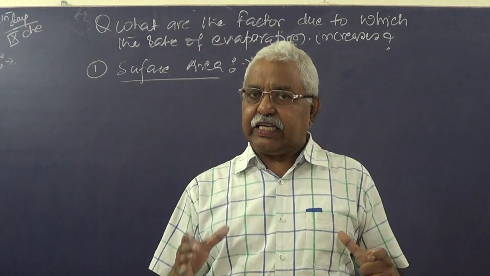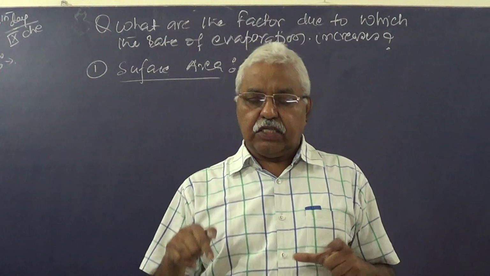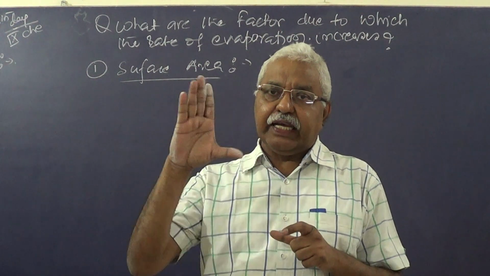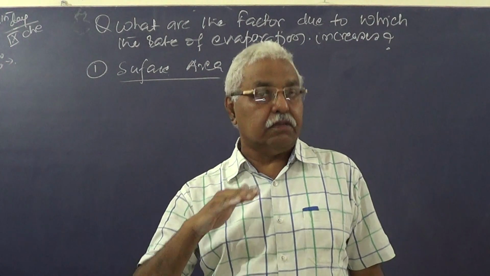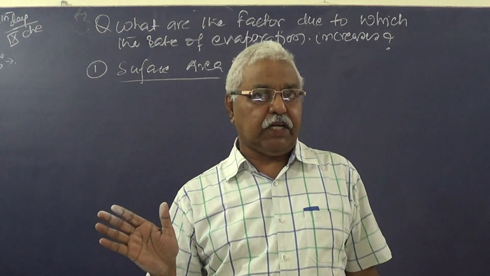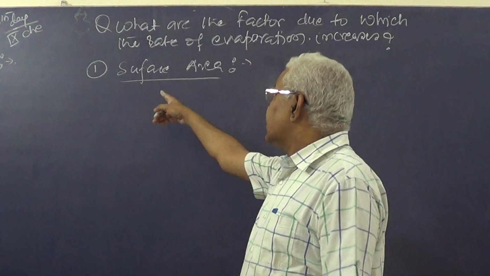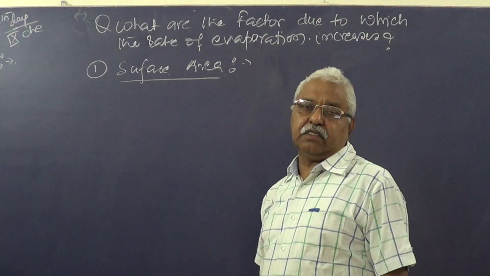If you are keeping the liquid in a glass, the evaporation will take place from the point where the liquid and air meet, not any other part of that liquid. It is on the surface. That's why the surface area governs.